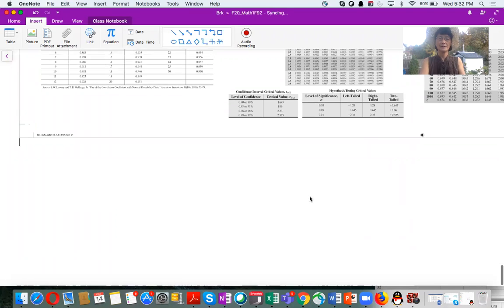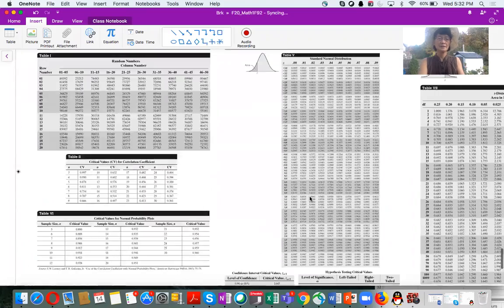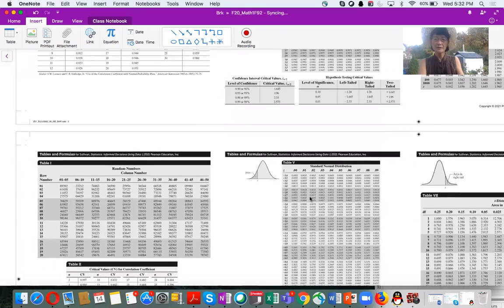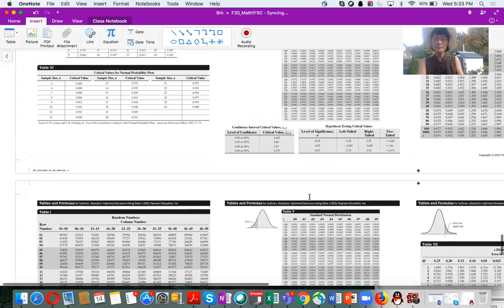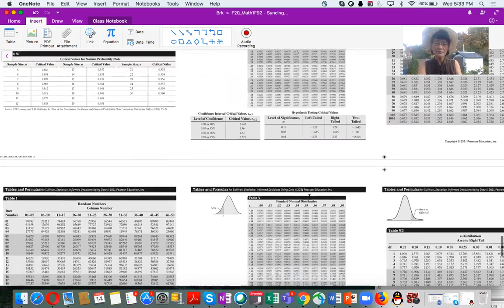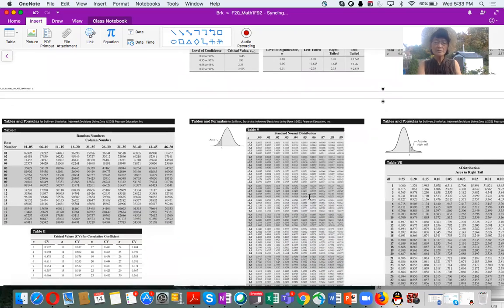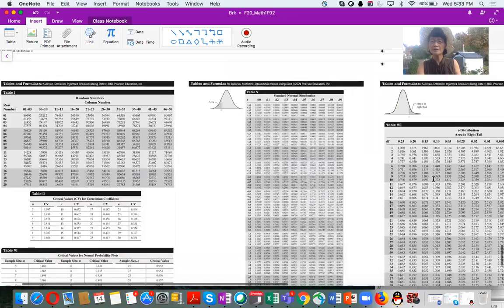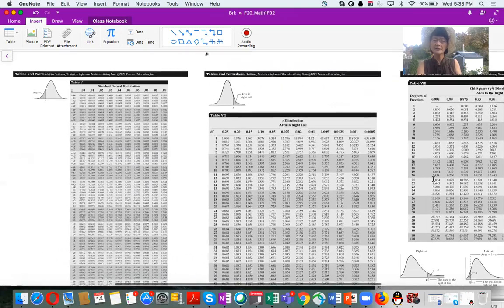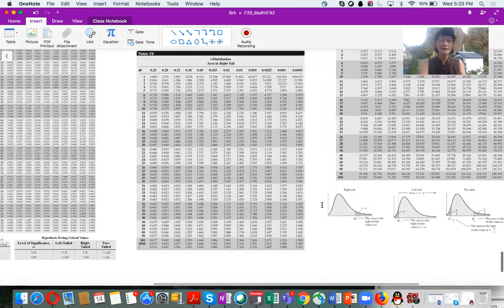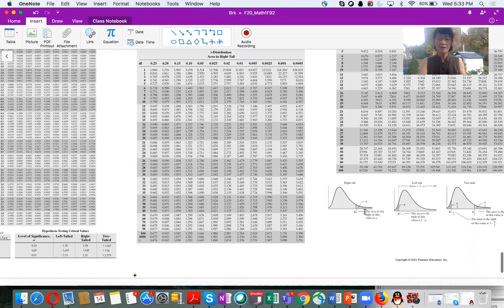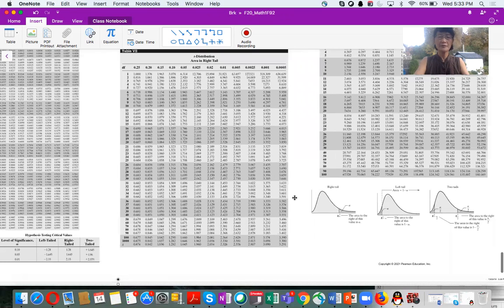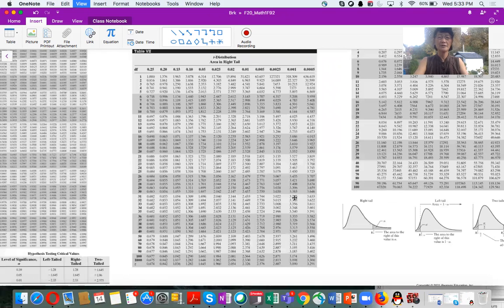All right, so this, it looks too small. Try to find the T table. This is normal distribution. This is an area. This is the T table, okay? Try to increase the font size.